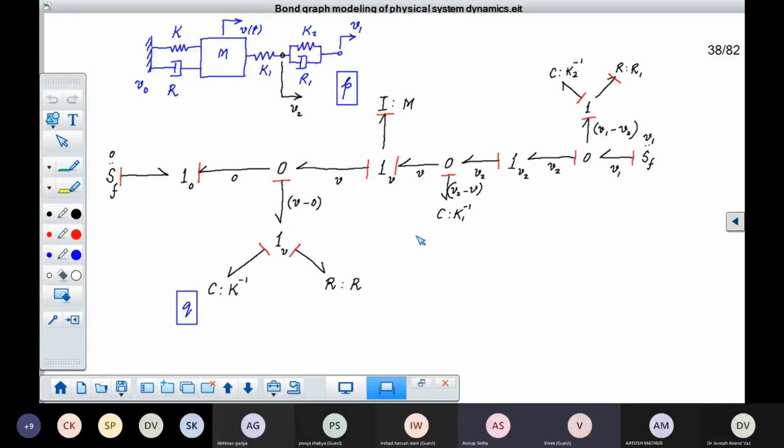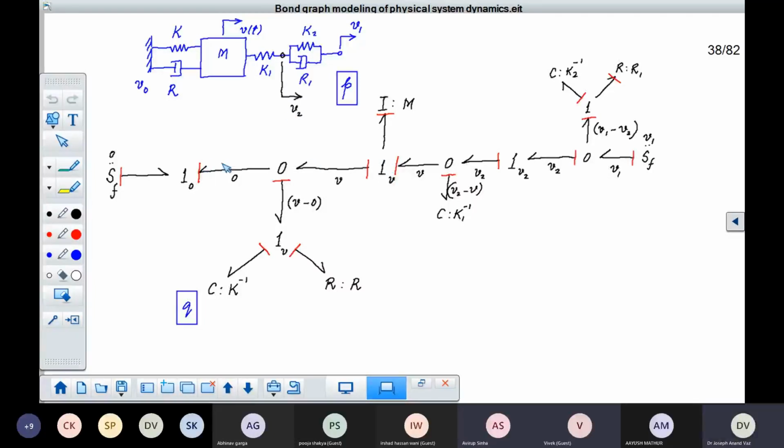See, I told you that a one junction is used to model flow. All the bonds connected to a one junction will have the same flow. So when you're modeling the flow associated with this I element, you place a one junction and connect this I element to it, because you know that this mass is moving with the same flow.